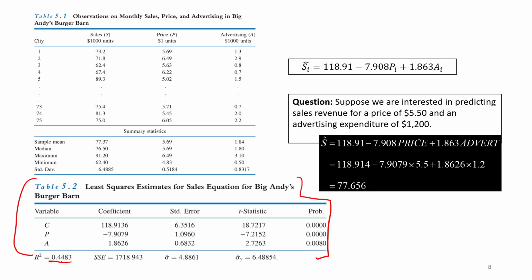First, we got R squared. R squared means how much of the data fits the model.